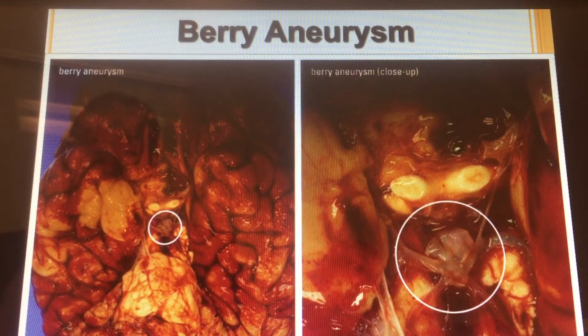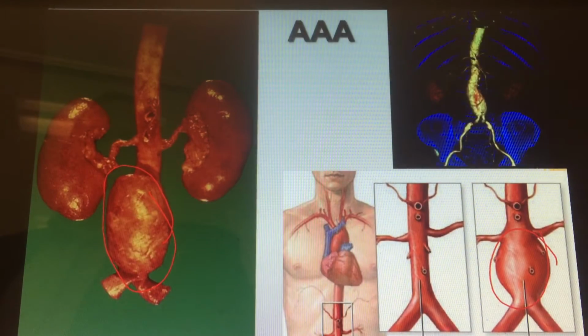So here is a picture of, obviously this person did not make it, a punctured Berry aneurysm. And of course the AAA that we saw earlier.